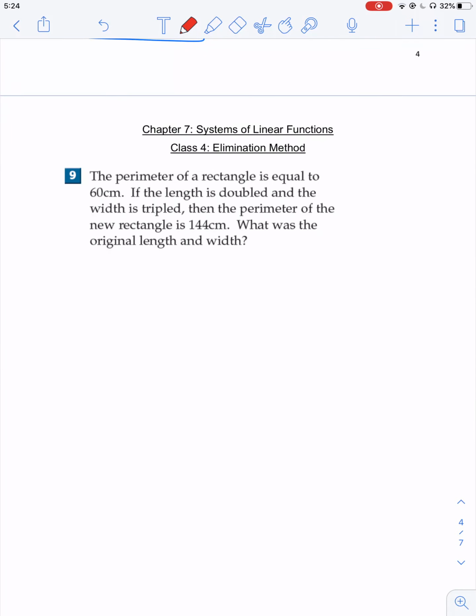What we have over here is we have to calculate the perimeter. The perimeter of a rectangle is equal to 60 centimeters. So you have this rectangle initially. Let's just call this x and let's just call this y, and the perimeter of this rectangle is 60 centimeters.